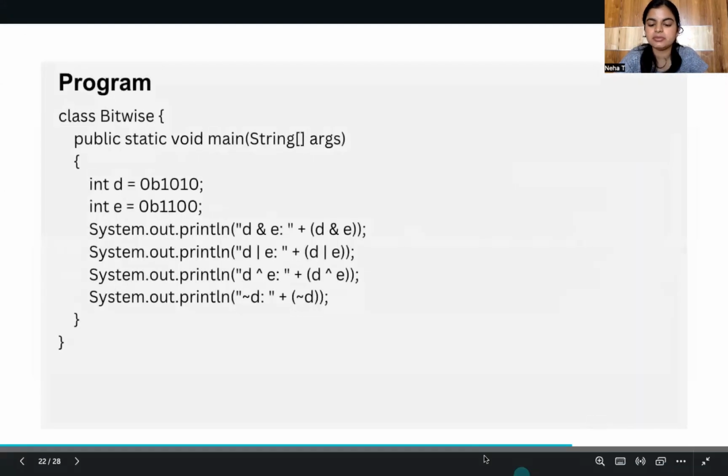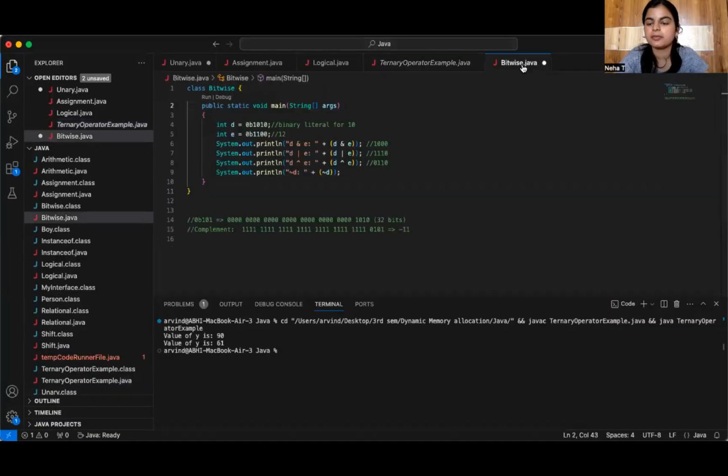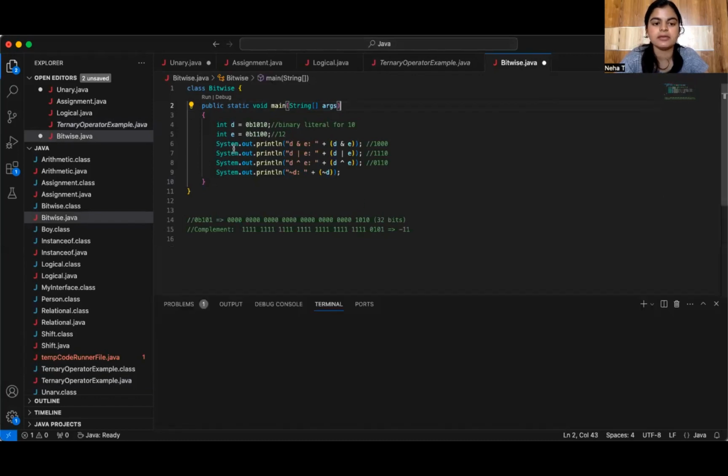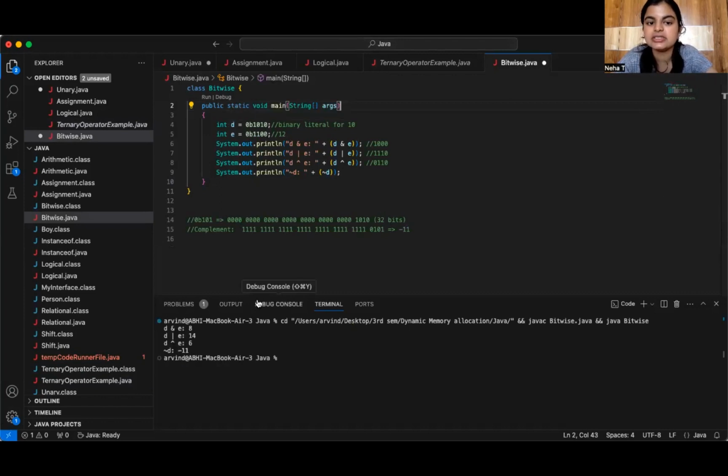So the example for the bitwise operator is this. We run this program. First of all, we have taken D as 0b1010. 1010 is the binary literal for the number 10. And then we have E as 1100, which is for 12.